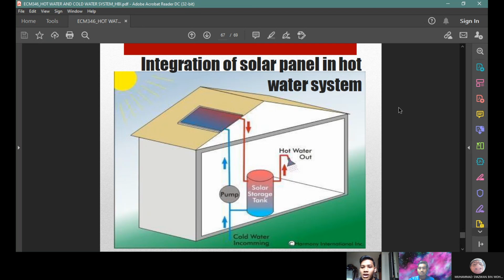So the cold water comes in and is pumped into the solar plate, then goes through the solar storage tank, and then channels to the hot water out. As an example, as I said before, for a bath or shower.